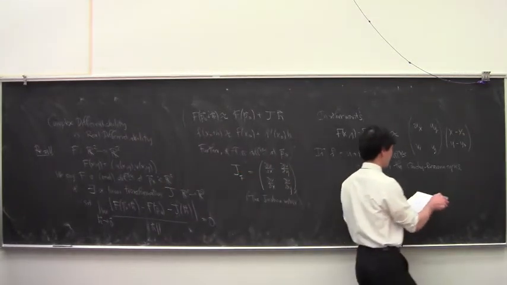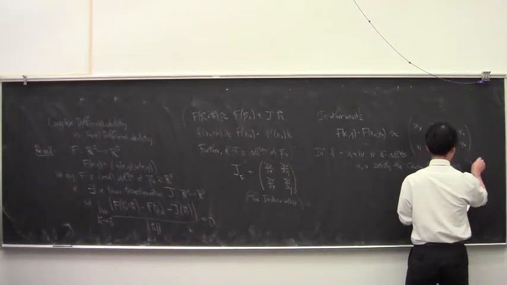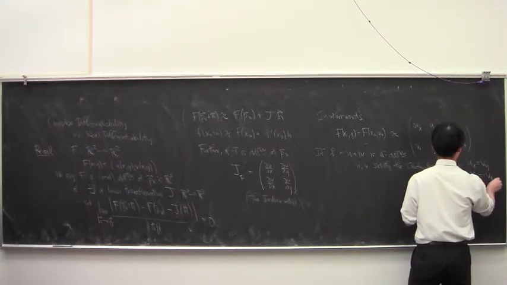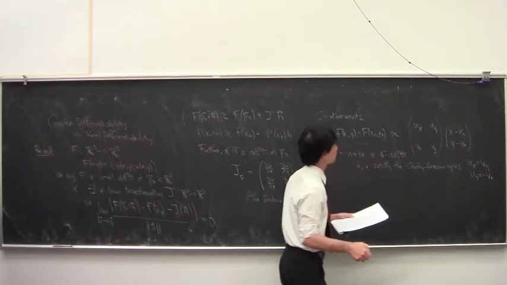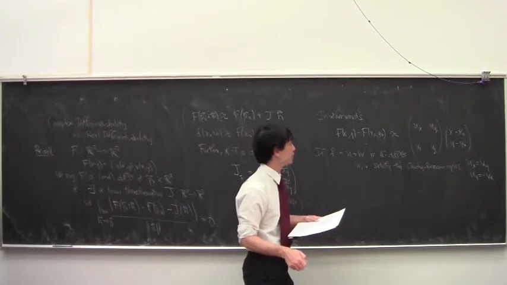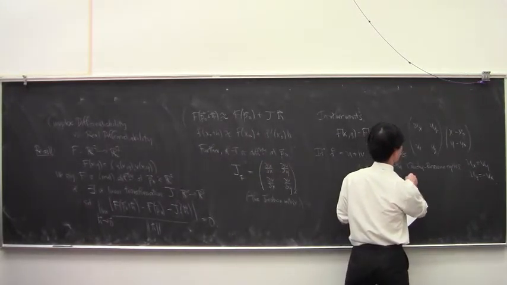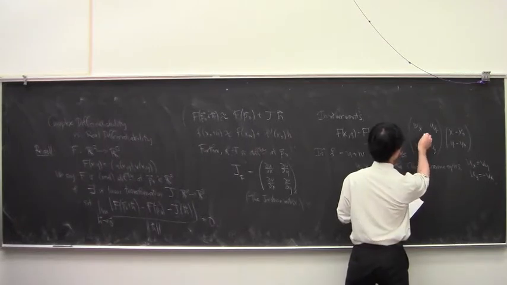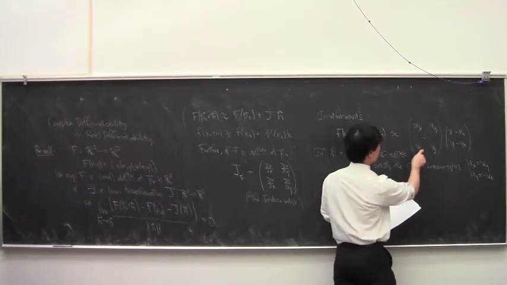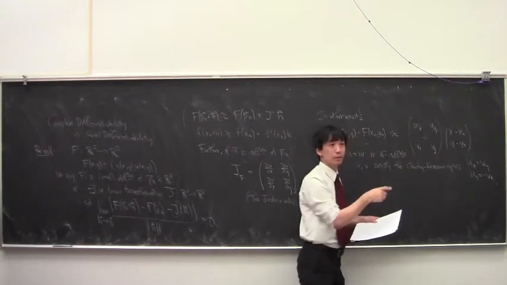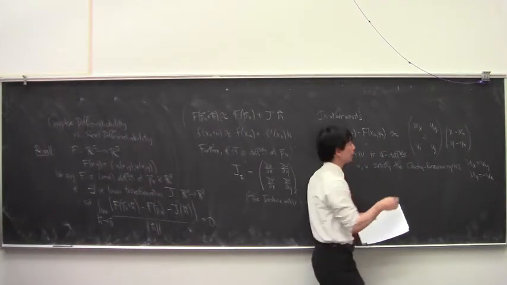So we have u_x equals v_y and u_y equals negative v_x.